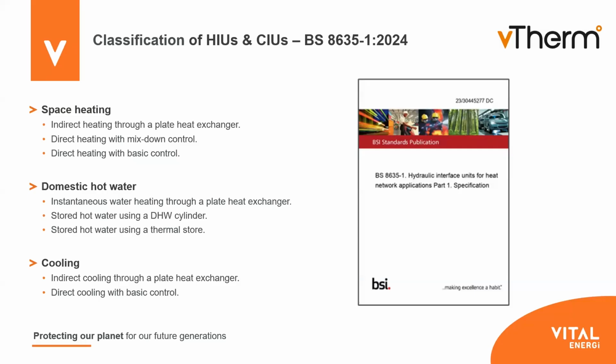So if we talk about things like space heating, you've got going through an indirect heating plate heat exchanger. It might be direct with mixed down or basic control. You've got your domestic hot water, DHW, where normally this is instantaneous, where we go through a plate. So we've got that segregation barrier.